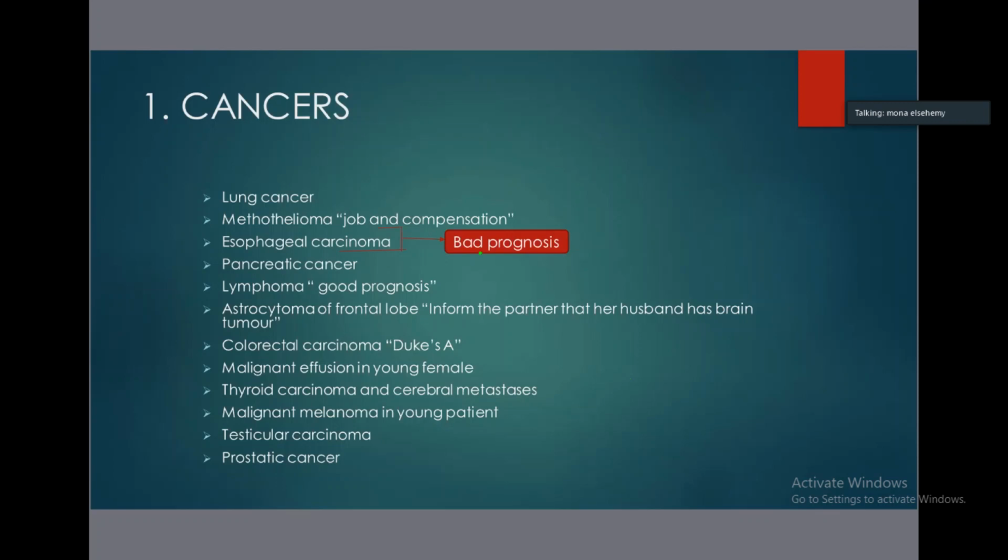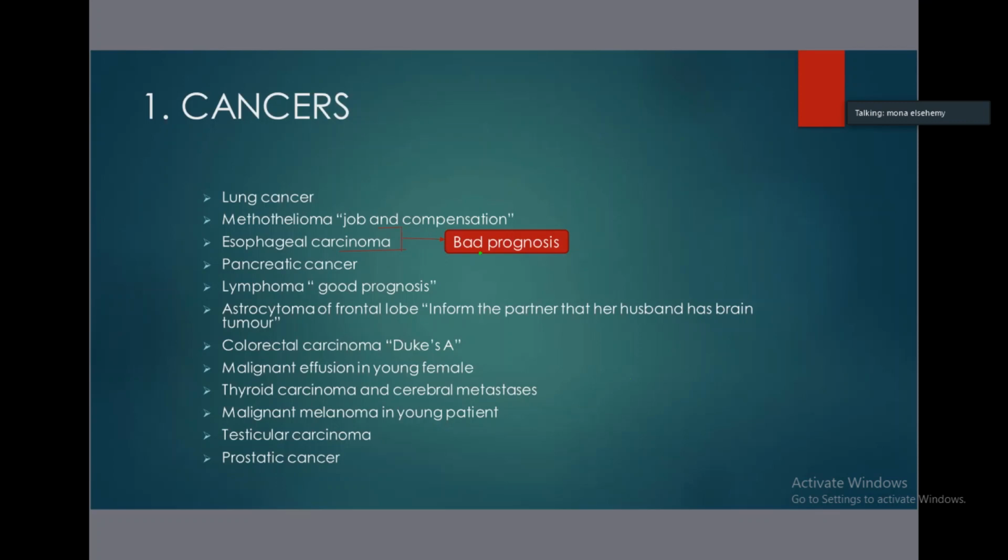Malignant melanoma in young patients. Malignant melanoma usually affects from 15 to 30 years of age, so it affects the young generation. And if it is localized, it is completely curable, one of the good prognosis cancers, by excision, radio, or chemotherapy.